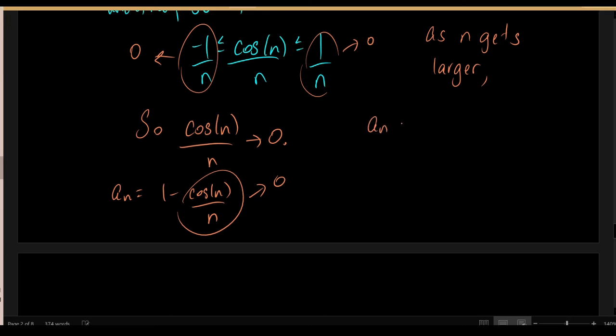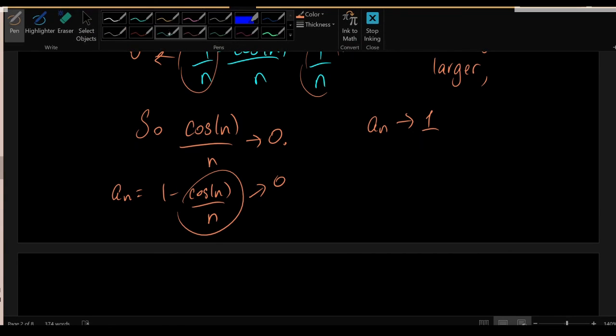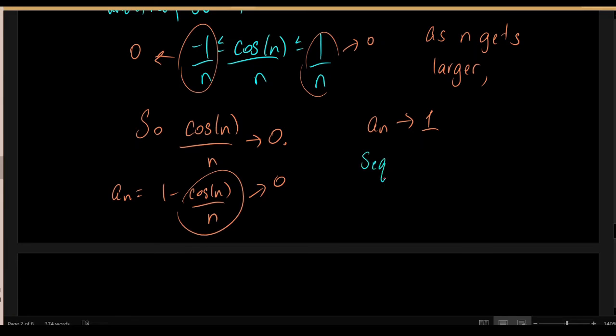So a sub n is approaching +1, so this sequence converges to a limit of 1.